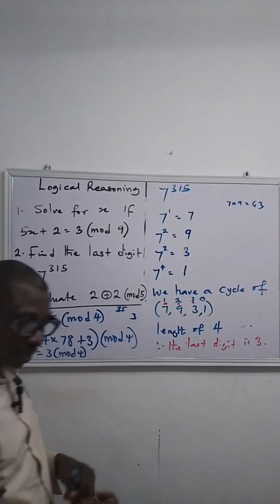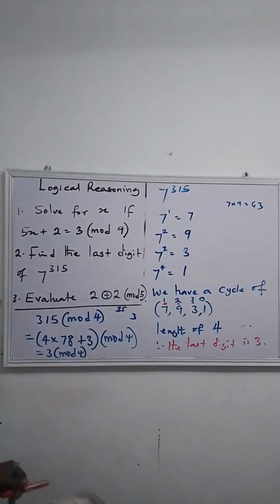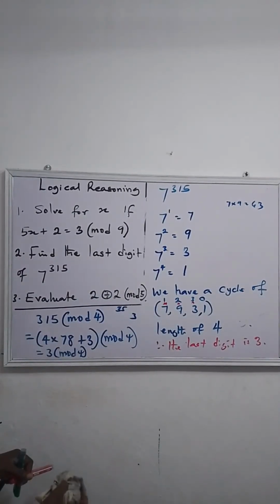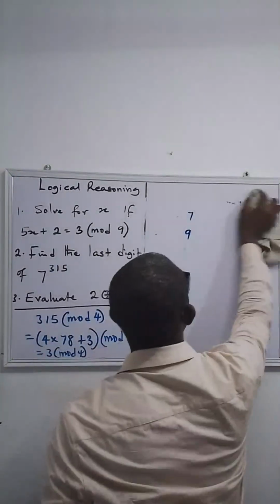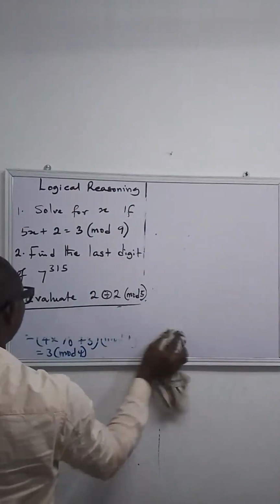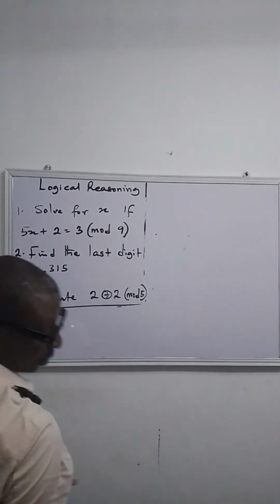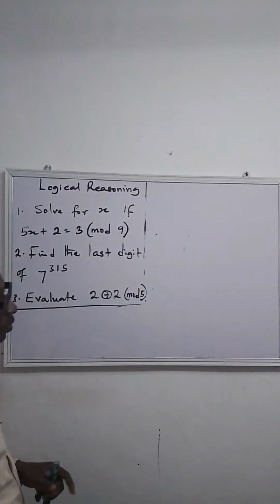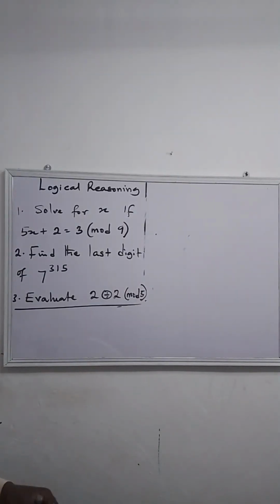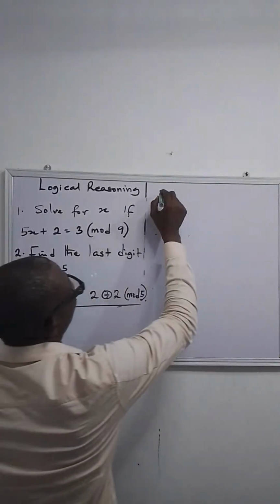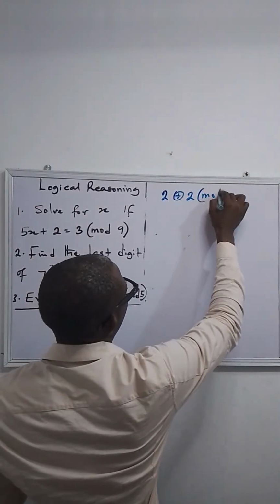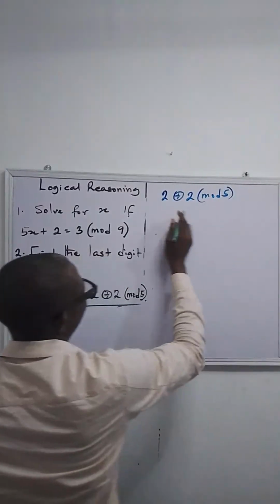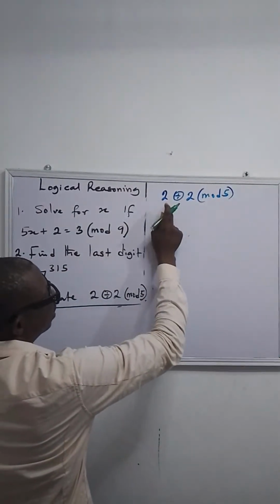Okay, can we look at the last one here? Let's look at this last one. So you have to evaluate 2 divided by 2 in mode 5. So how do you go about this? The first thing is to assume that this is x.